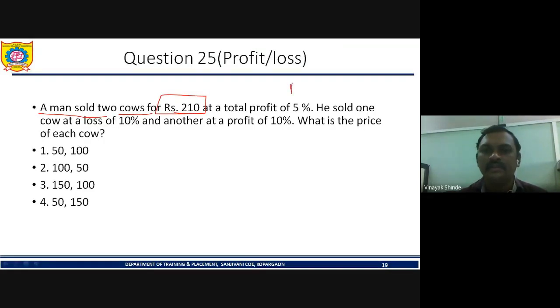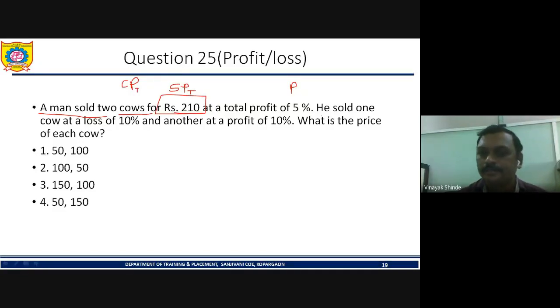So profit is given and here selling price is given. So easily we can calculate the cost price of both the cows. Right? So total selling price is 210 and profit is given 5%. So how can you calculate the cost price from line number 1.